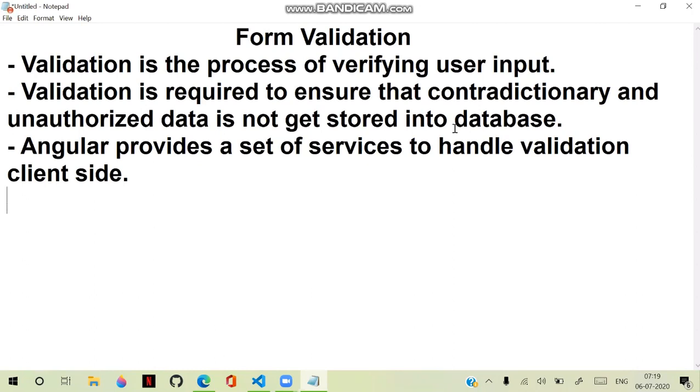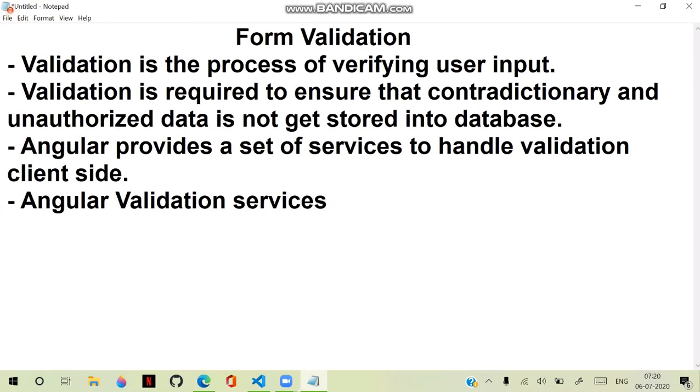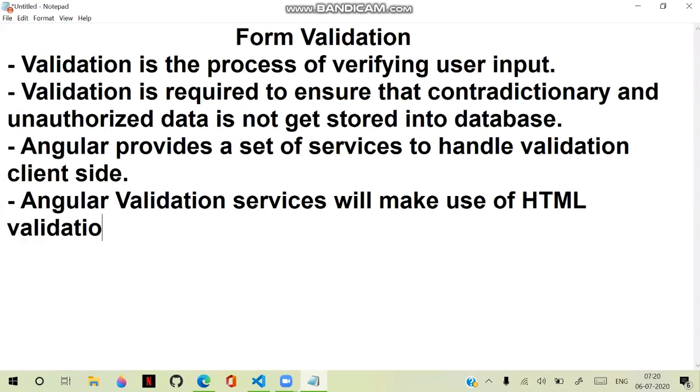You don't need to write much logic. One of the great advantages is that Angular validation services will make use of HTML validations. HTML has some validations, and it will make use of those validations.